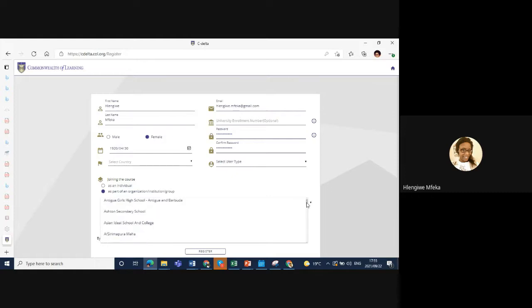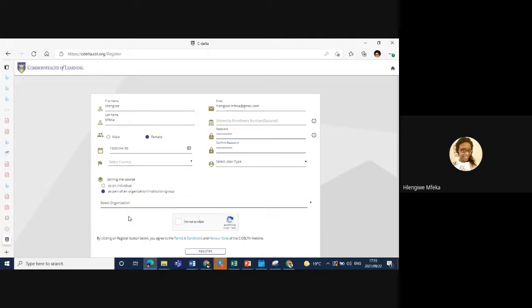This is in alphabetical order. You would be seeing different institutions. Don't look for your school name, look for SchoolNet. That's important. We're looking for S. SchoolNet, where are you? There it is. You select SchoolNet South Africa.